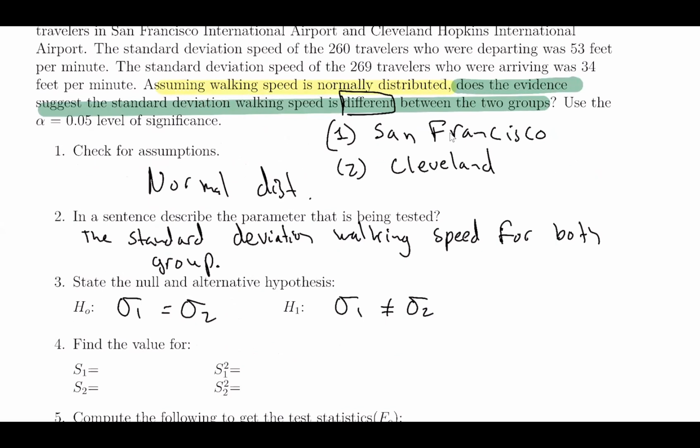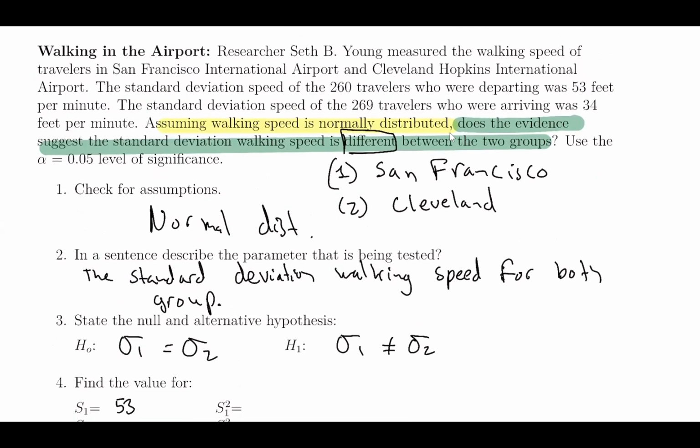So for S1, the standard deviation for San Francisco is 53. And the standard deviation for, oh, actually, I got this wrong. They were for departing and arriving.